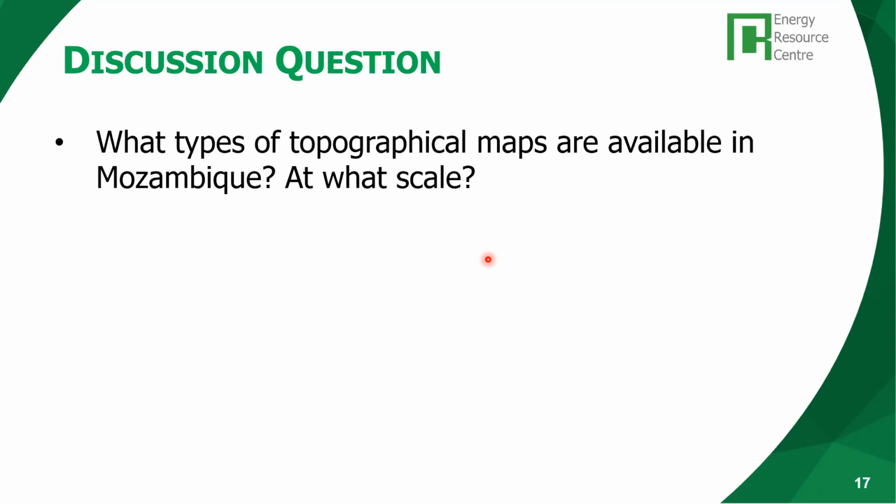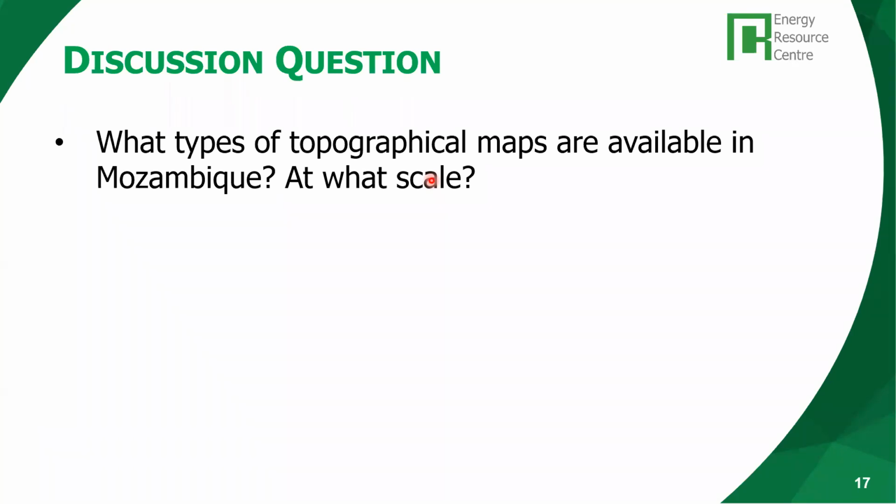So also, of course, for mini hydro, you may just visit the site and using basic survey equipment, you can basically do the layout. But if you have medium-sized hydropower projects, then you will have to do a site-specific topographical survey using theodolites and other equipment.